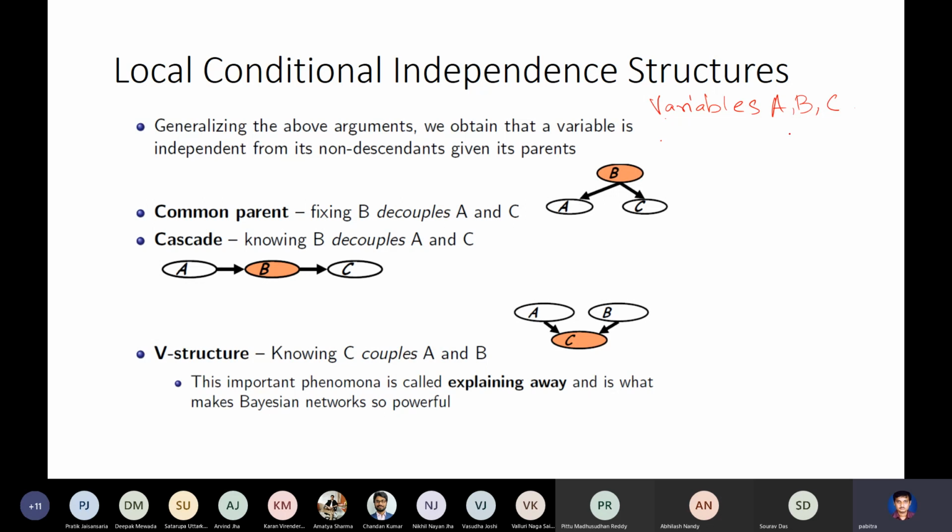So if I look at independence properties that come given a particular structure. So ABC, 3 variables, there is only a small triangle-like structure. We'll examine them. Let's say there is this structure.